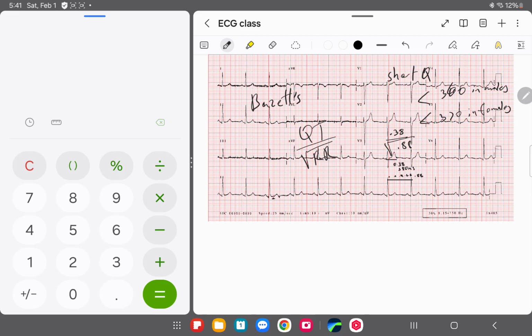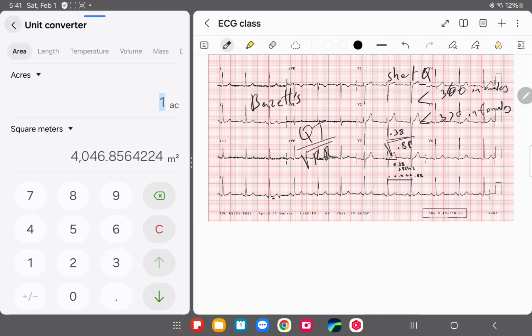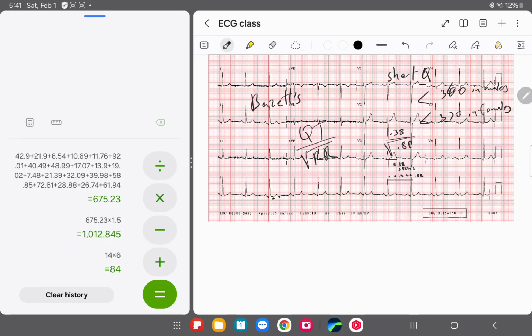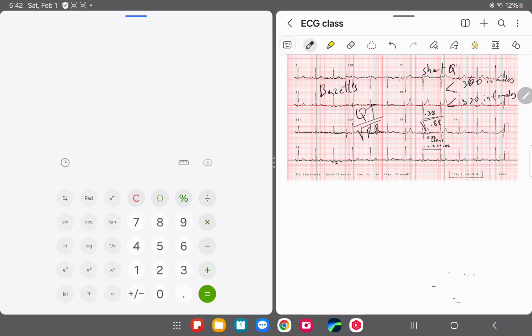Now, using the calculator, the square root of 0.88 is 0.938.